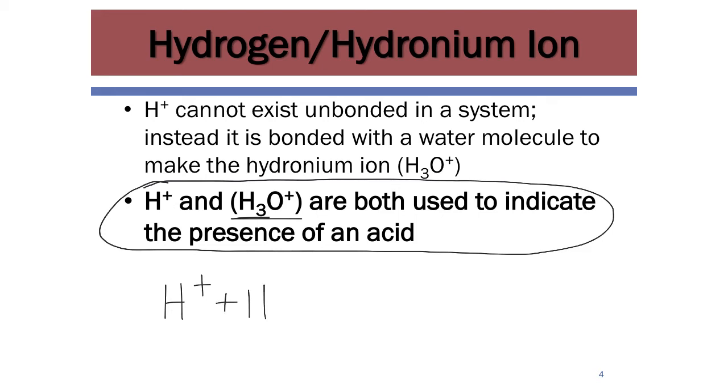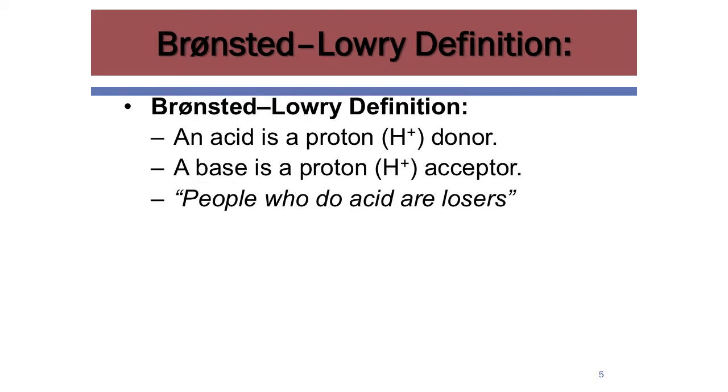Since all of our acid and base solutions would be aqueous, water will be present, so the hydrogen ion will combine with a water molecule to produce the hydronium ion. So we need to know that both of those will be used to signify the presence of an acid.